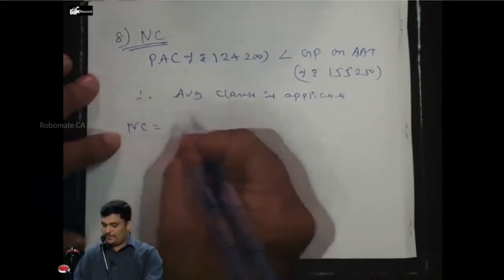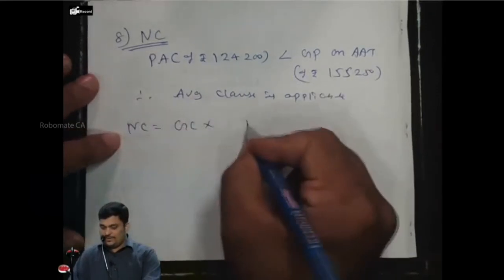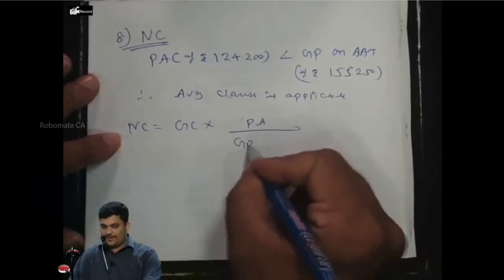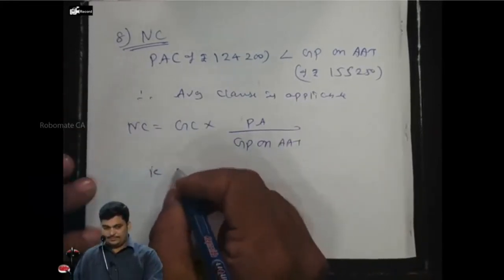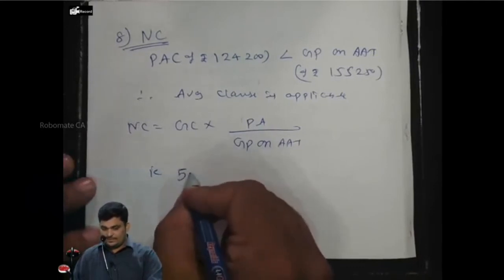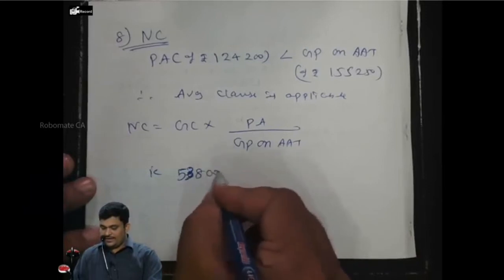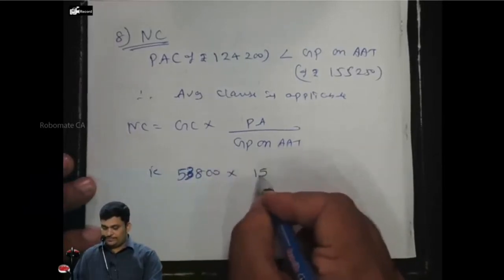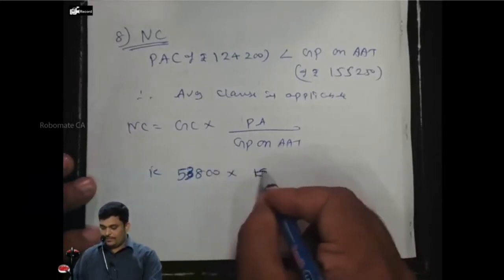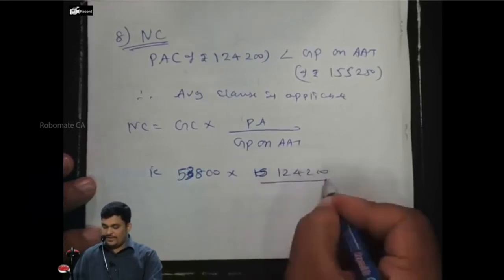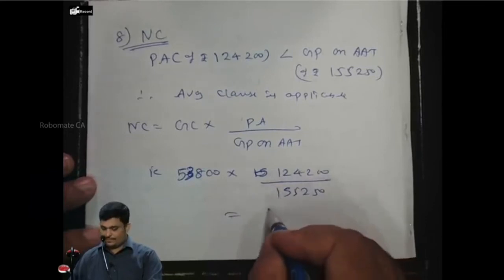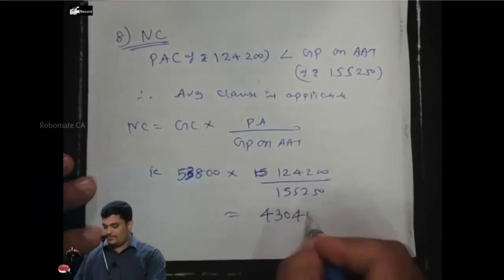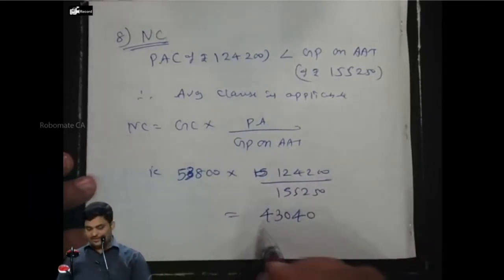So net claim equals gross claim into policy amount by GP on AAT. That is 53,800 into 1,24,000 divided by 1,55,000. How many of you got this?